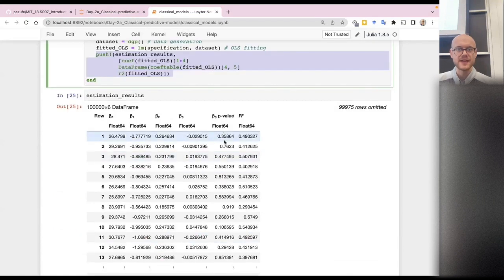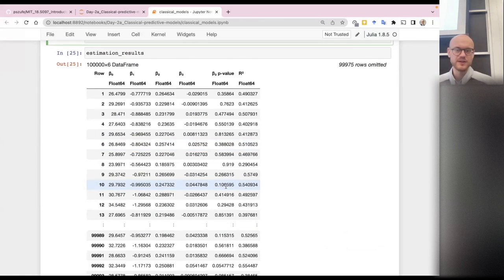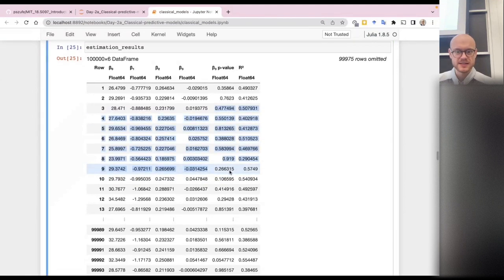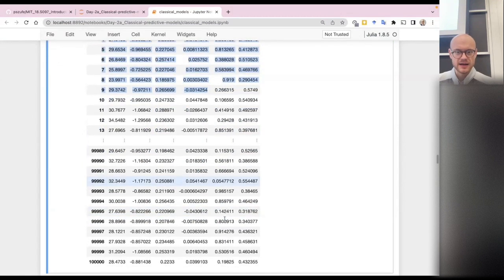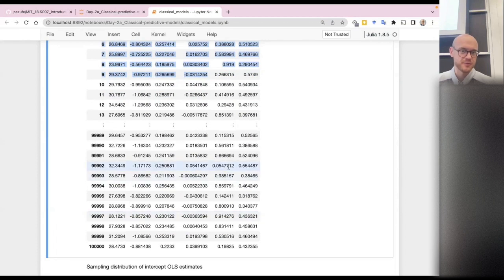But maybe let's take a look at the p-values. Here we would expect p-values to be from 0 to 1, and preferably above 10 or 5%. It would mean that significance testing is correct. And here I can see everywhere above 10%, which would be great.